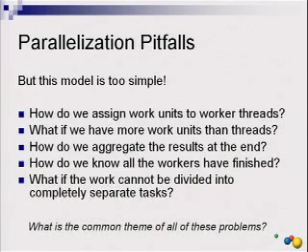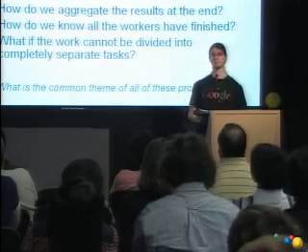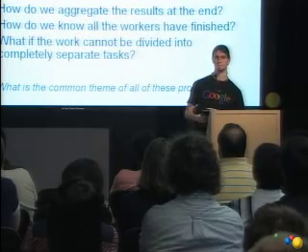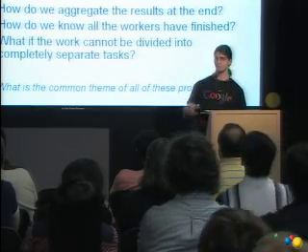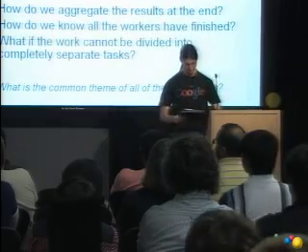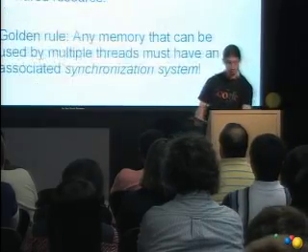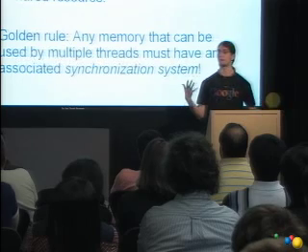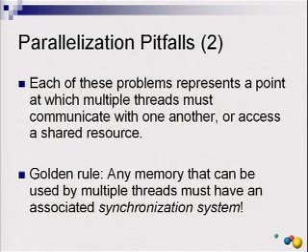So to the bottom question, what is the common theme of all these problems? Anybody have an idea? Communication. Yes. Each of these problems represents a point where multiple threads either need to access a shared resource or communicate with one another. And the way that communication or shared resources are always represented is obviously through memory.